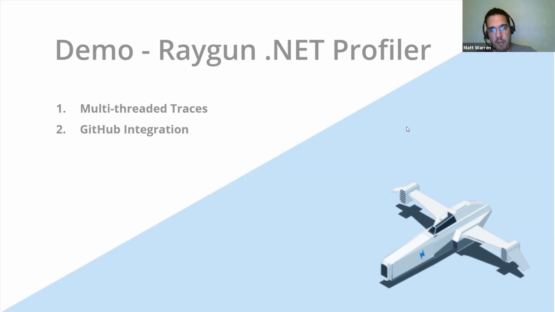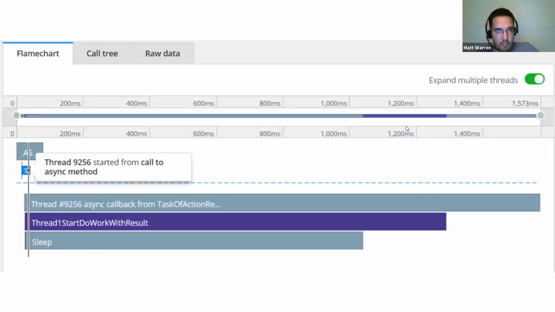If people haven't seen what the Raygun dashboard looks like, this is what you would get if you had a simple asynchronous call. What we're doing here is in effect stitching stuff from the two threads. Above the dotted line, you see the thread where your asynchronous method call started.